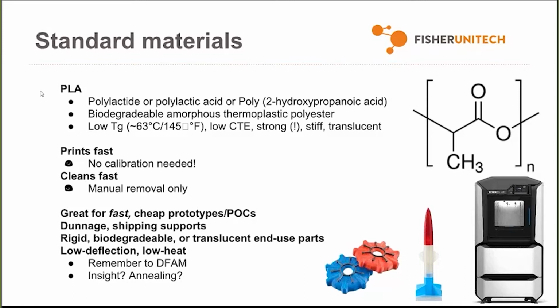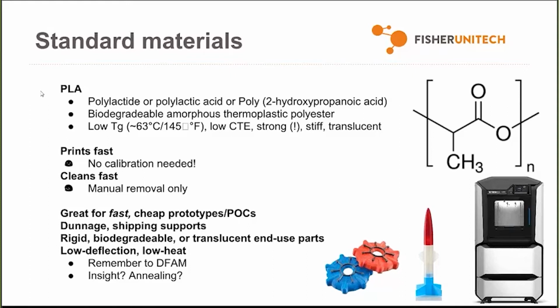And if you have an F370 and you are familiar with Insight, you know how to use it, you can actually make fully dense PLA parts. And the nice thing about fully dense PLA is that those parts are a good candidate for annealing. Annealing basically means elevating the temperature in a precisely controlled oven somewhere close to its glass transition temperature, that's Tg, for a number of hours, 2, 3, 4, 5, 6 hours, depending on the temperature.